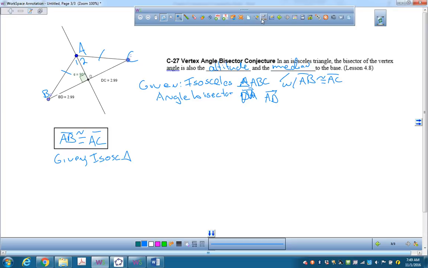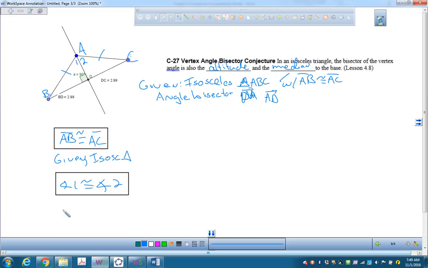Then I could also say that angle 1 is congruent to angle 2. How do I know that angle 1 is congruent to angle 2? Go ahead, Ryan. Right. So you could say that's kind of like the definition of an angle bisector. Angle bisector.